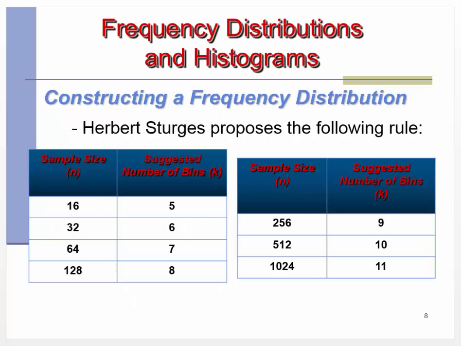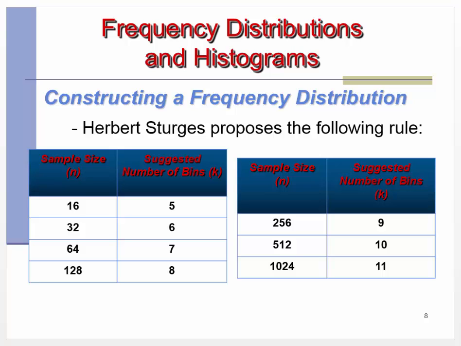Now, how many bins should we have? There is Sturges' rule in deciding on the number of bins to have in constructing a frequency distribution. Basically, if you look at the table on slide number 8, you see we started with a sample size of 16.